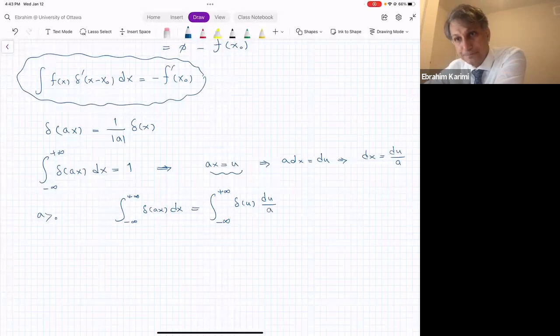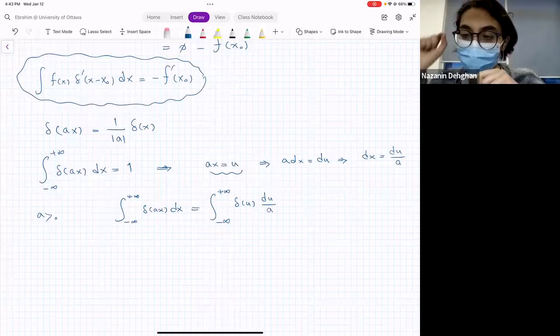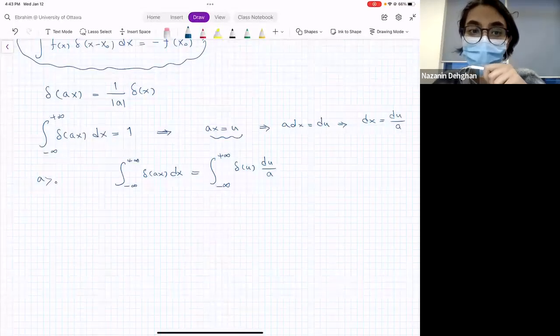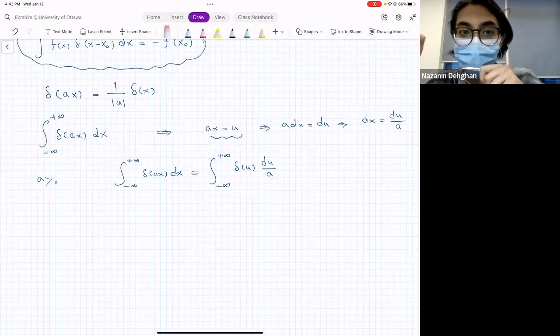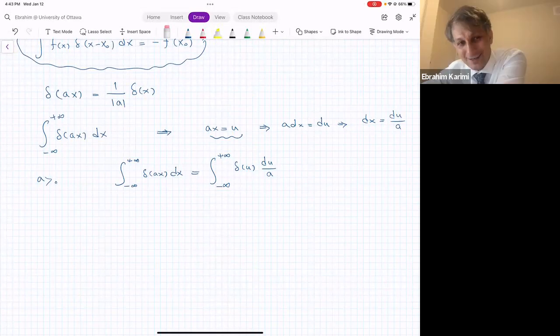Do you agree? Sorry, can I ask a little question here? Sure. So when we write delta of AX dx, shouldn't the x be like AX, because it's the derivative d of what we have inside delta?